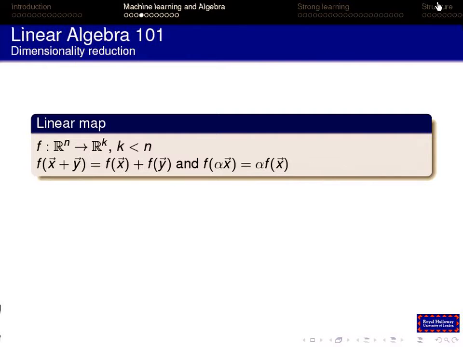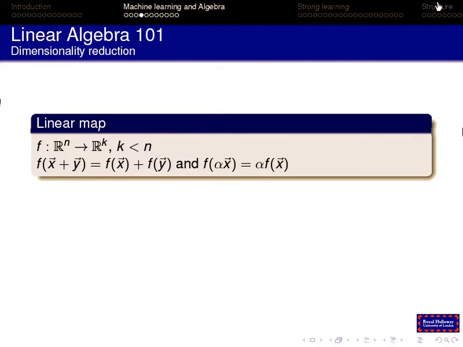Okay. Now, the other thing that we often do is, and this is kind of linear algebra 101, I assume you're all very familiar with this, we define maybe a linear map. We want to reduce the dimensionality of our space by mapping it from some high-dimensional space n to some low-dimensional space k. And that's how we would define linearity.